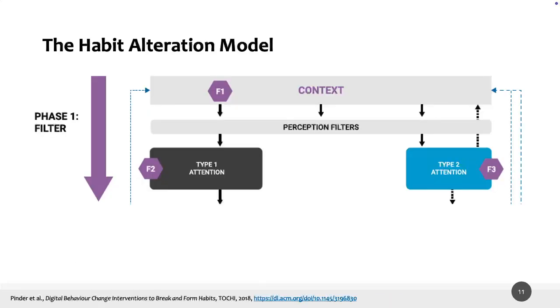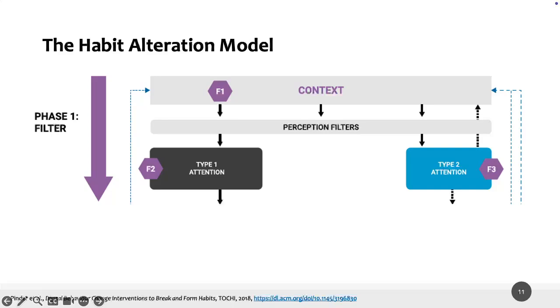So the question is, how can we design better digital self-control tools, going beyond this self-monitoring strategy? And this is an interesting model proposed by Pinder and colleagues. It's not directly related to digital well-being, but it's related to digital behavior change interventions, to change any kind of behaviors, okay? Also eating behaviors, sleeping behaviors, and so on.